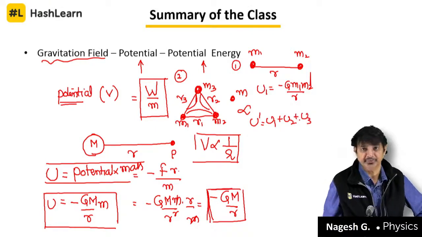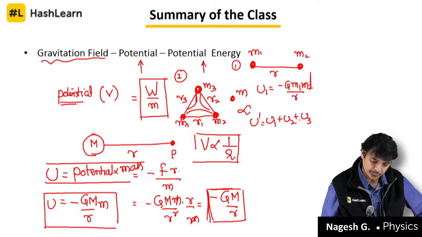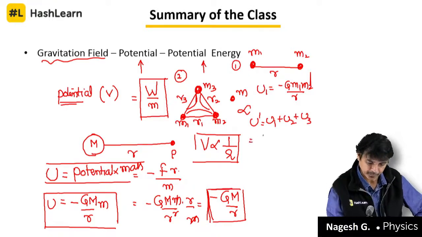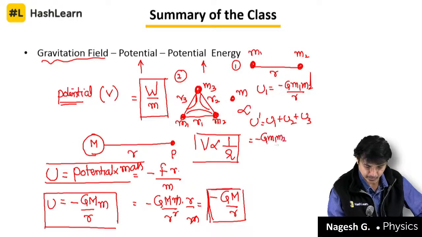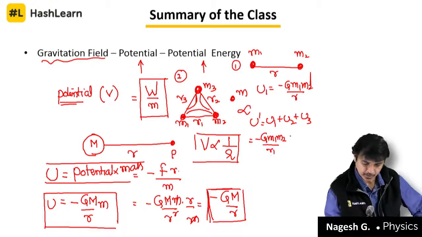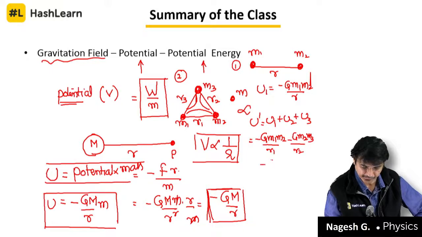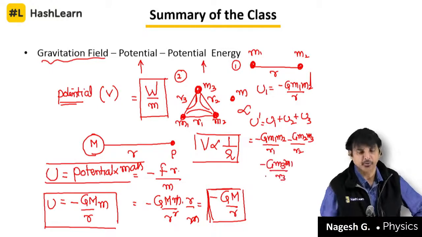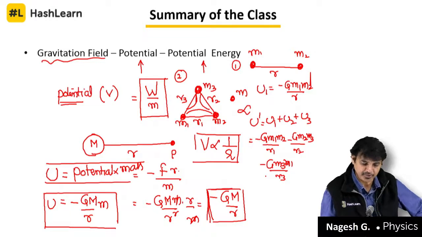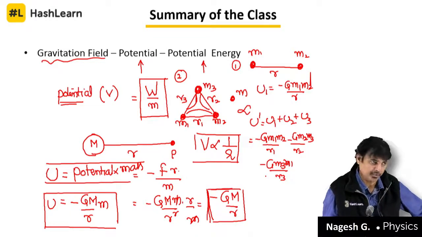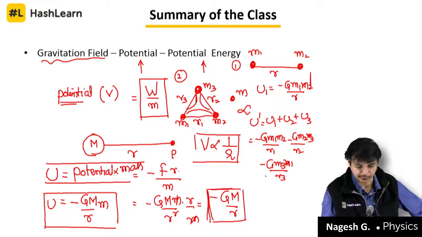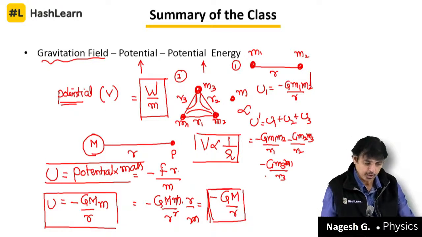Total potential energy of the system is U1 plus U2 plus U3, which equals minus G m1 m2 by R1 minus G m2 m3 by R2 minus G m3 m1 by R3. So this is the potential energy for 3 particles assembled in the form of a triangle.